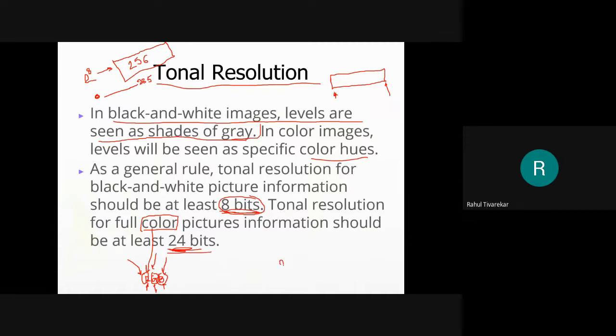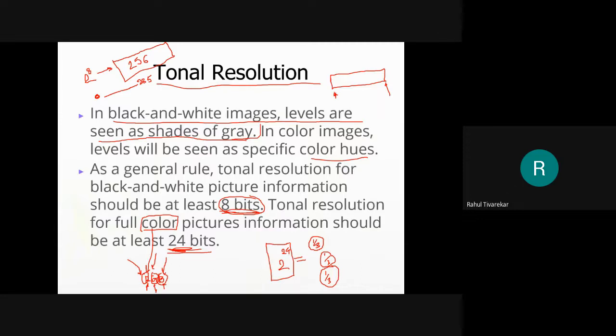So how many total colors can you have? 2 raised to 24. Out of which, one third will be shades of red, from the darkest red to the brightest red. The remaining one third will be shades of green, and the remaining one third will be shades of blue. So the total number of colors available is 2 raised to 24. This is a very big number, and we have heard of it as true color or million colors, 16 million colors available for display on a television screen.